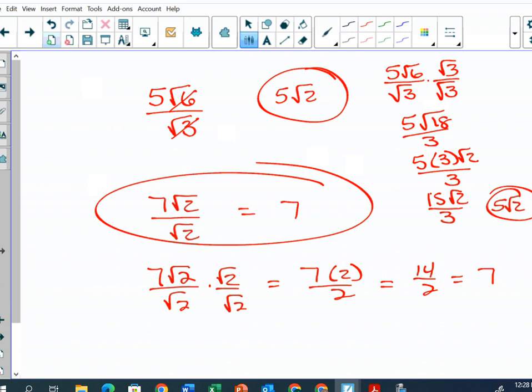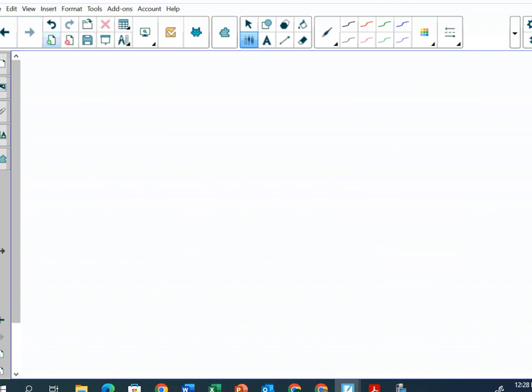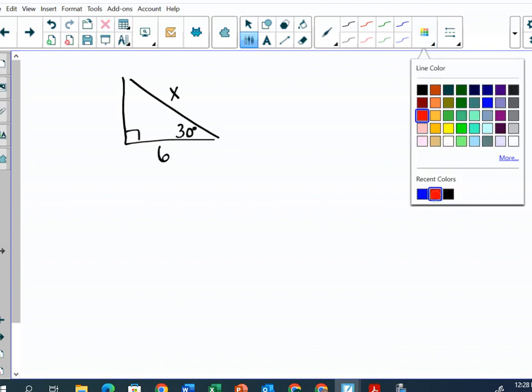Guys, let me show you the first one just to make sure you get how it works. So guys, is the 6 the short leg, long leg, or hypotenuse? Long. So how do I go from long to short?